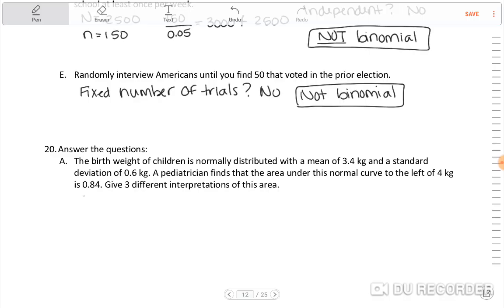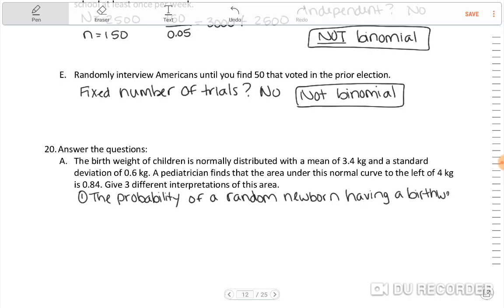So we could say the probability of a random newborn having a birth weight less than 4 kilograms is 0.84.